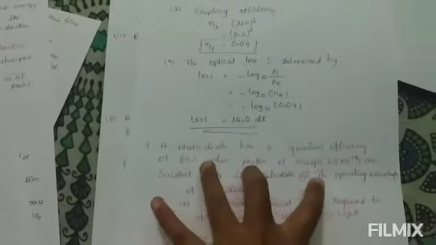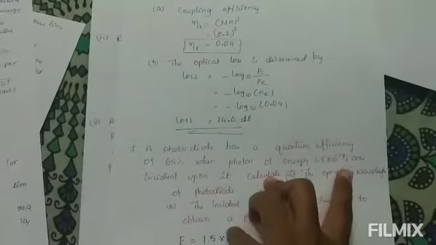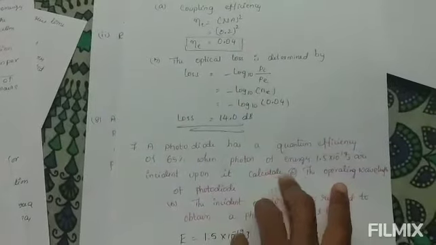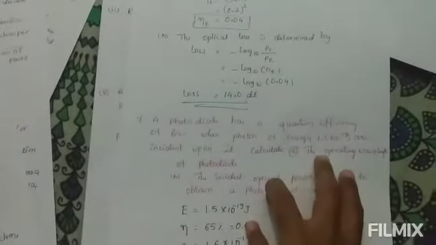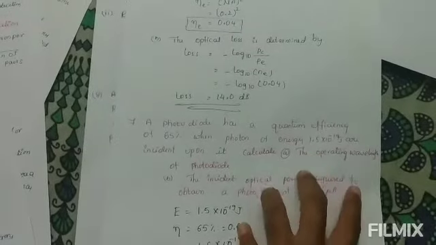And the third problem: a photodiode has a quantum efficiency of 65%. This is our quantum efficiency eta. When photons of energy 1.5 into 10 power of minus 19 joules are incident upon it, we have to calculate two parts: first the optical wavelength of the photodiode, and second the incident optical power.